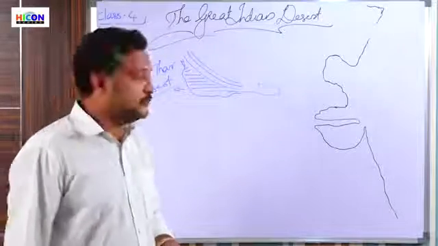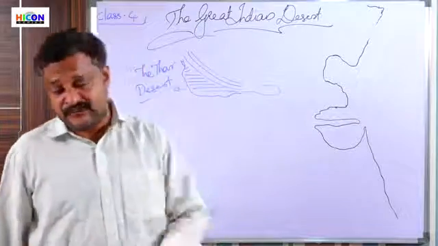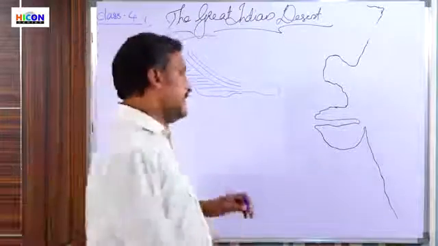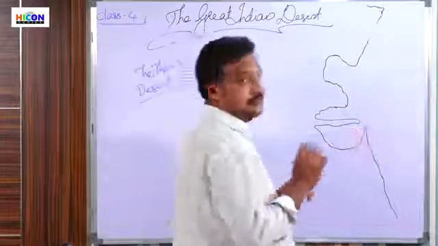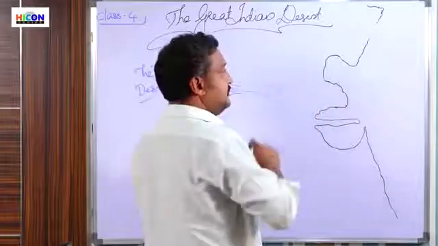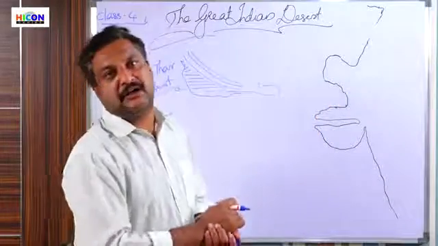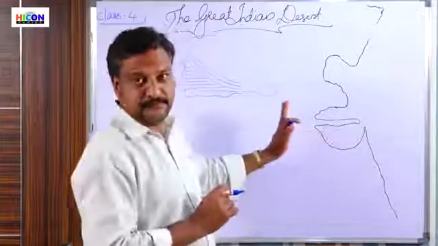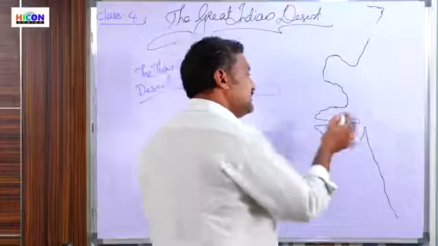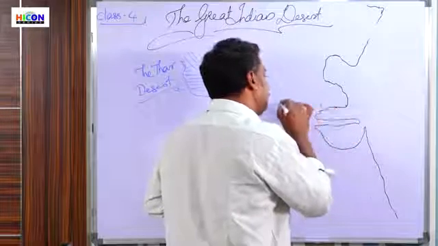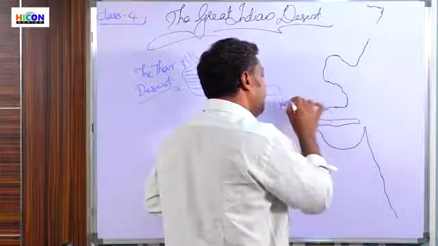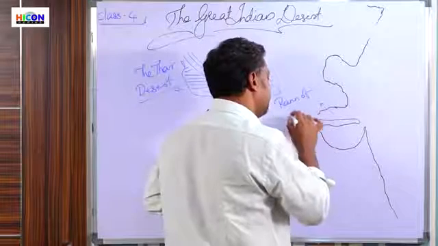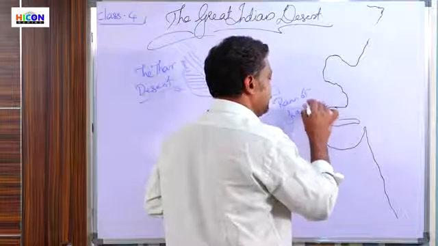Got it? Now, the extent of the Thar Desert starts from the Kutch region. This is the western side of India on a representational map, not exact, okay? And this region of Gujarat is known as the Rann of Kutch.